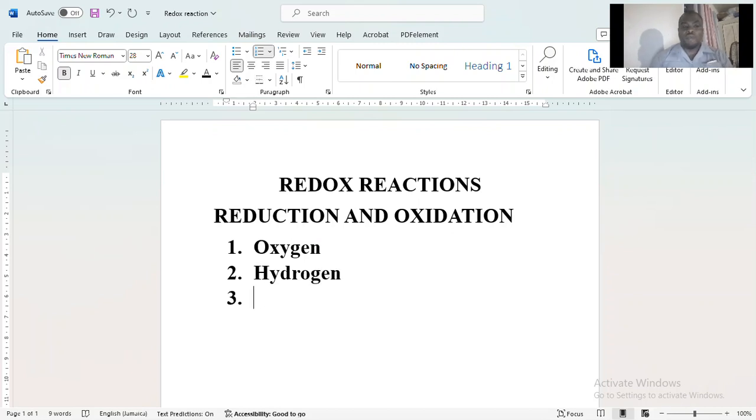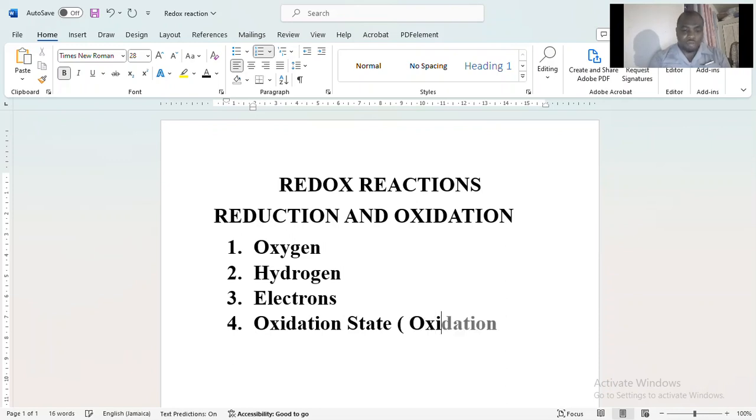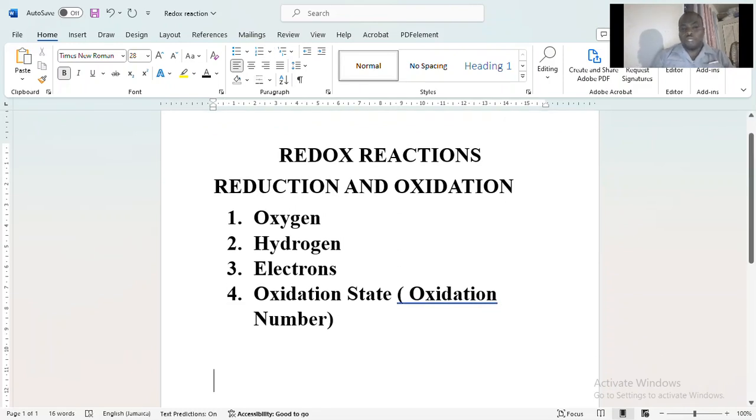The other way is in terms of electrons. And finally, the fourth way we can deal with reduction and oxidation, or redox reaction, is in terms of oxidation state or oxidation number. Cool? So those are the four ways.